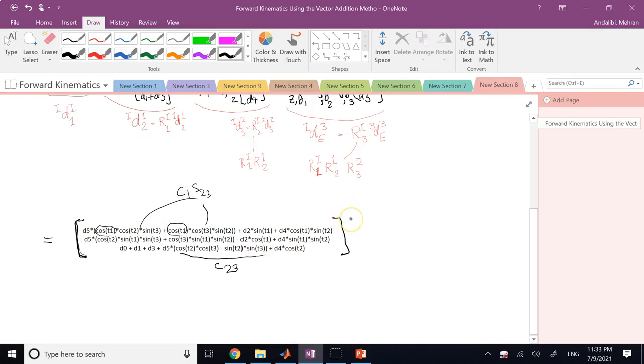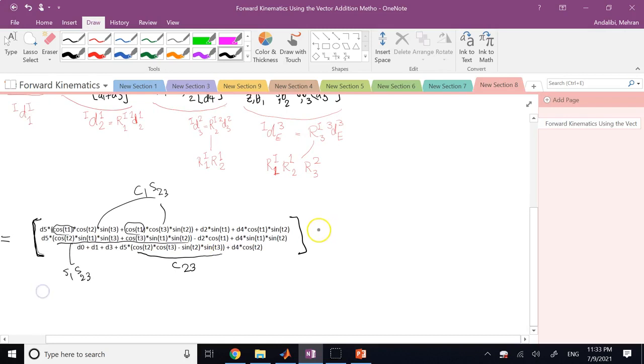Then also here, if you look, that's a similar thing because there is again a sine T1 factored out, so it is going to be S1 times S23, and this is C23.